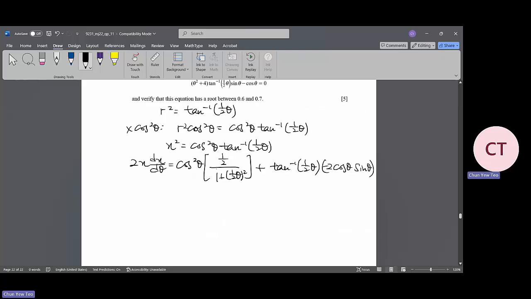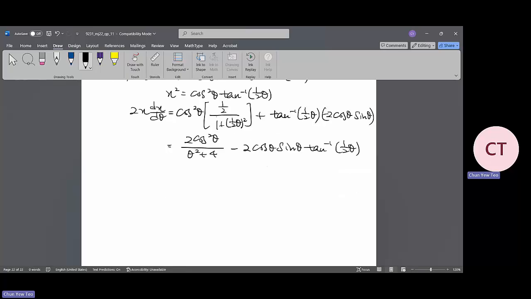Okay. So if we simplify it, you will see that this is 2 cos theta over theta squared plus 4 minus 2 cos theta sine theta arctangent of half theta. So in order to find the maximum, from theta equal to pi over 2, you need to let your dx d theta equal to 0.